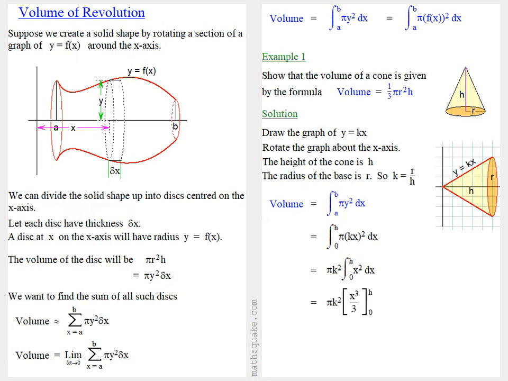Well, the integral of x squared dx is x cubed over 3, and if we put that between the values of 0 and h, that gives us pi k squared into h cubed over 3 minus 0. But k is equal to r over h, so that's pi r over h all squared times h cubed over 3, or pi r squared h cubed over 3h squared, which cancels to one third pi r squared h, as was required.